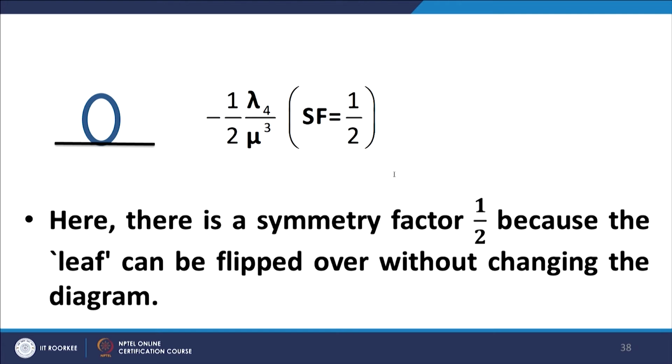In addition, we have 3 lines, let us call this 1, this is 2 and this is 3. So, we have 1 upon mu cubed, and of course, the symmetry represents the flipping of this leaf. You can have the leaf like this, or you can have the leaf like this. So, the symmetry factor is 1 by 2, and the net result is minus 1 by 2 lambda 4 upon mu cubed.